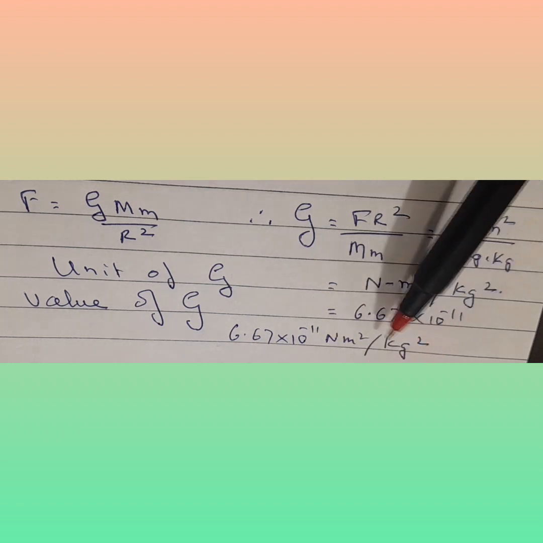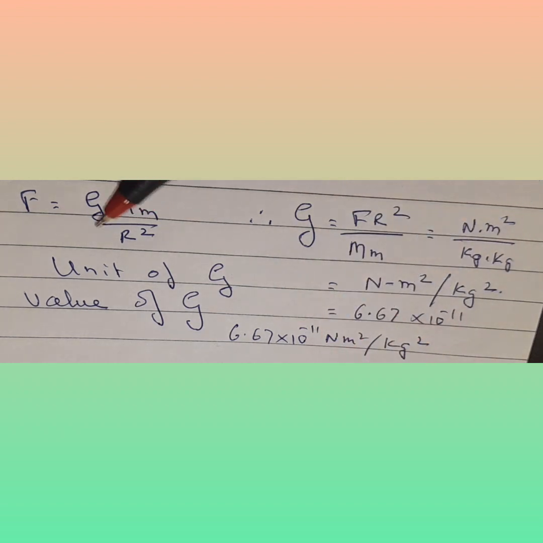Now how do we get this unit? Let's try and understand. The formula for force we know is GMm upon r square. Since we are interested in finding the unit for G, we put the rest into the denominator and force in the numerator, so we get this.